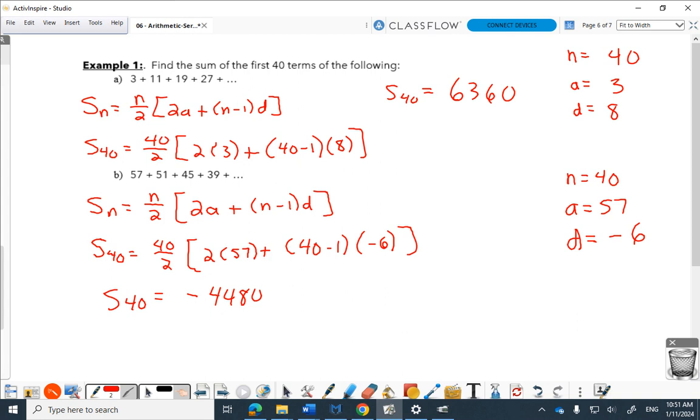Negative 220. No, still not right. What is it, Nathan? 2400. What's that? 2400. Negative 2400? Let me do it again to figure out what I did wrong now. 39 times 6 is 230, negative 234, plus 114. 120. Oh, I did 220.